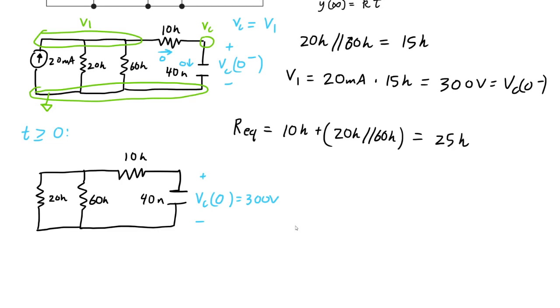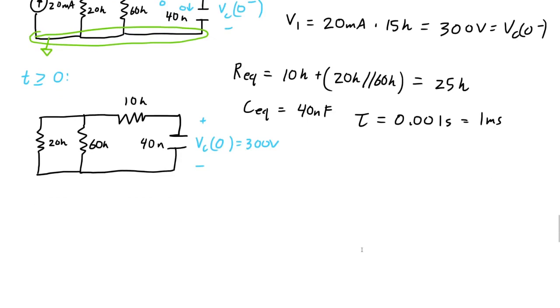And there's only one C, so 40 nanofarad. So tau is going to be these two together. So 40 nanofarad times 25 kilo ohms is going to be 0.001 seconds, or 1 millisecond, 1,000th of a second.